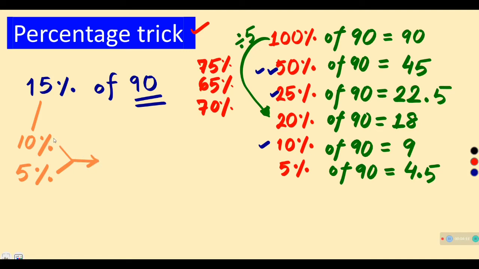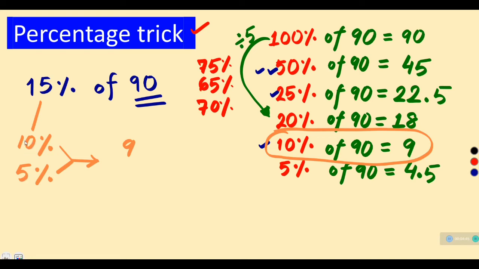So what is the 10% of 90? 10% of 90 is nothing but 9, because while obtaining the 10%, all we need to do is to divide it by 10. And what is the value of 5%? 5% is nothing but half of 10%.